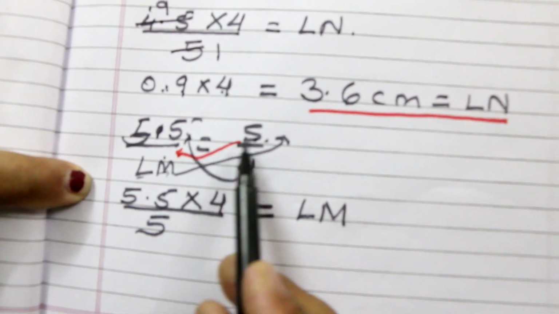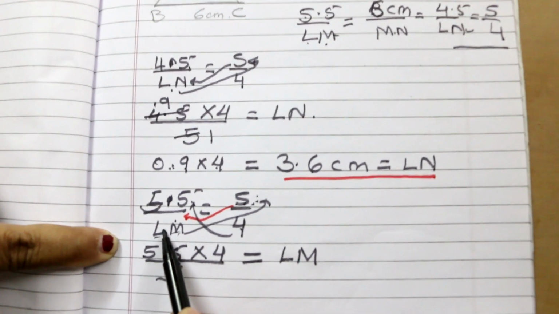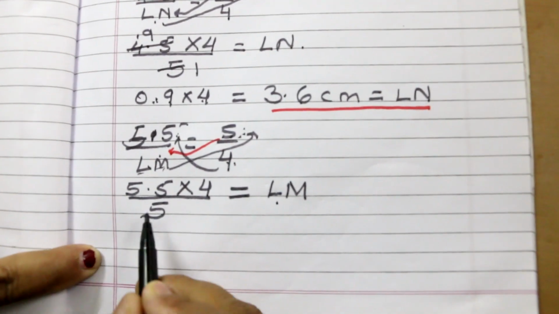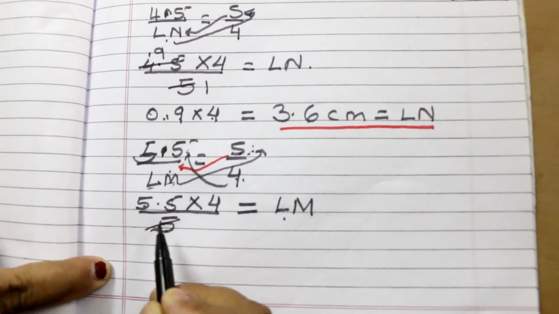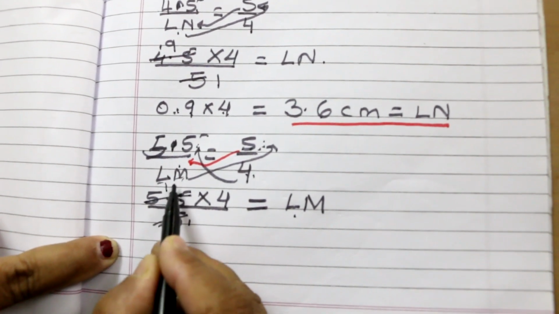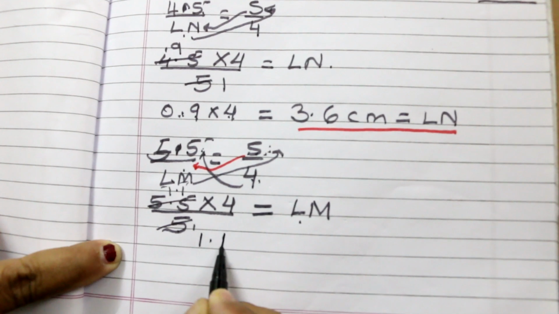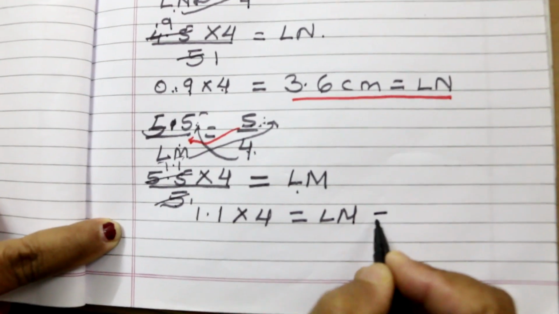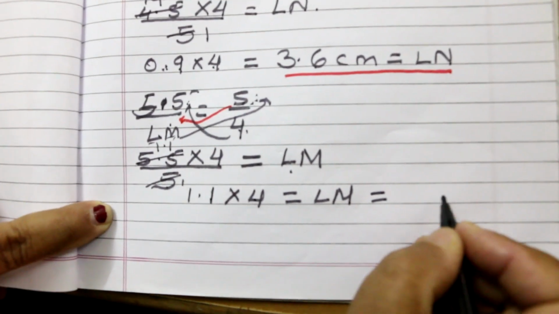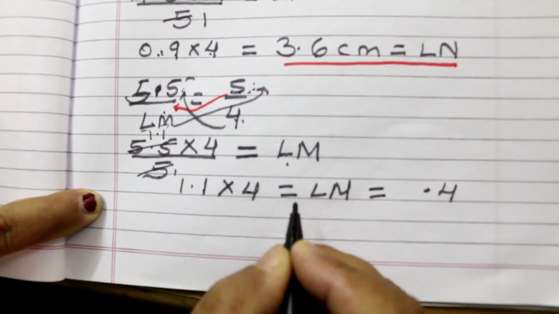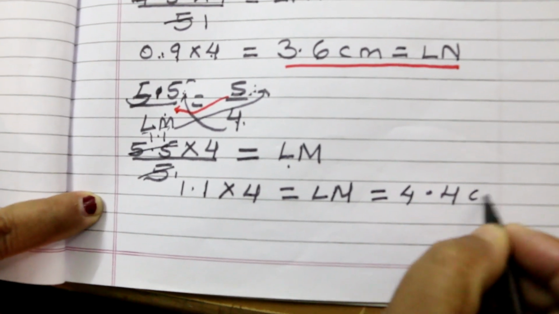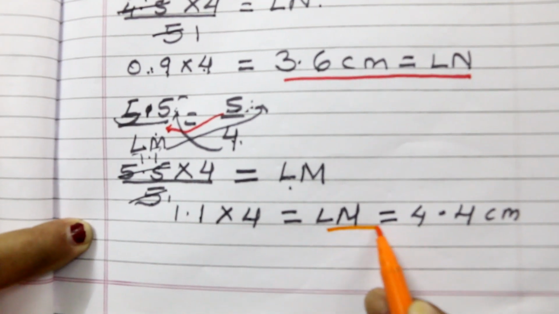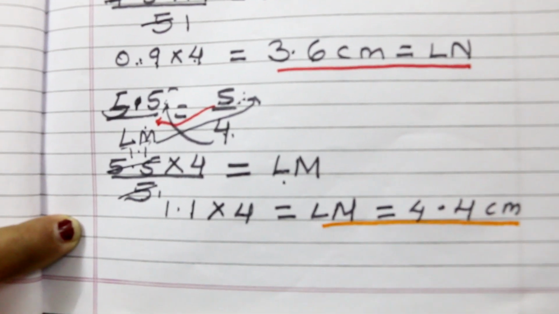Now I can get the value of LM. I can divide 5.5 by 5. 5 ones are 5, so I get 1.1. So 1.1 into 4 is equal to LM, which is 4.4 centimeter. So here I have got LM as 4.4 centimeter.